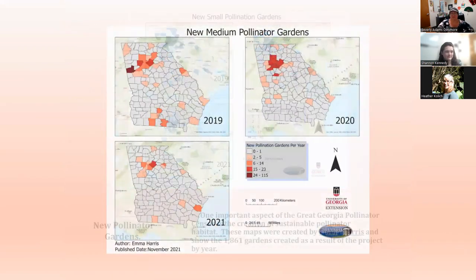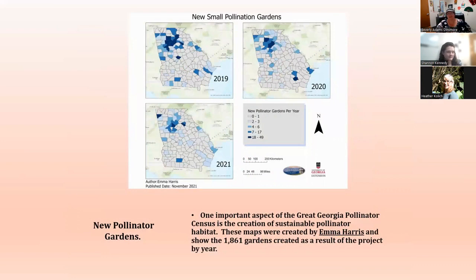This is some information that has been collected from some of the pollinator censuses. These are small new pollinator gardens. From 2019, you can see that's when there were some created. In our county, it looks like there were between 7 to 17 created. And then in 2020, it shows how many new pollinator gardens per year were created.